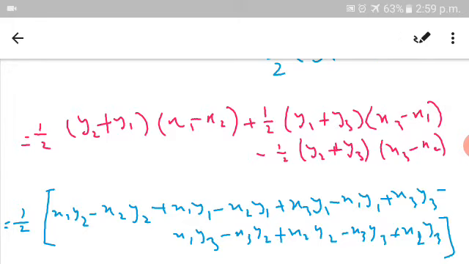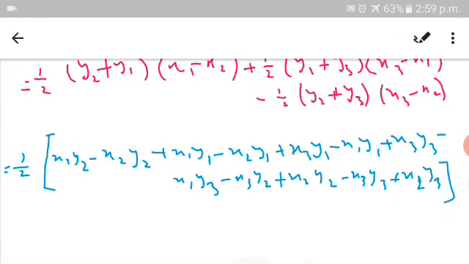So this is what we have got after multiplying all this.